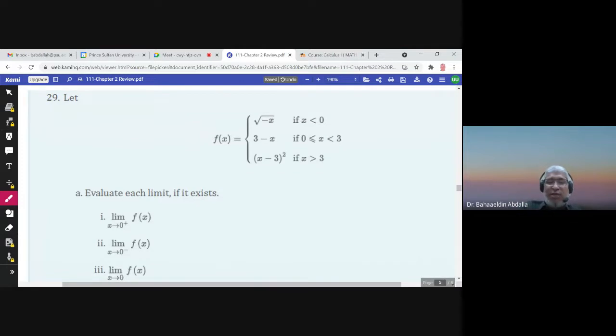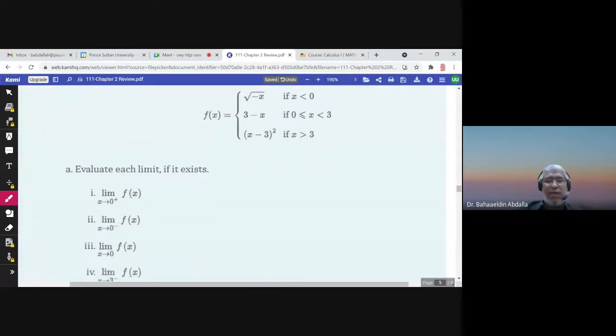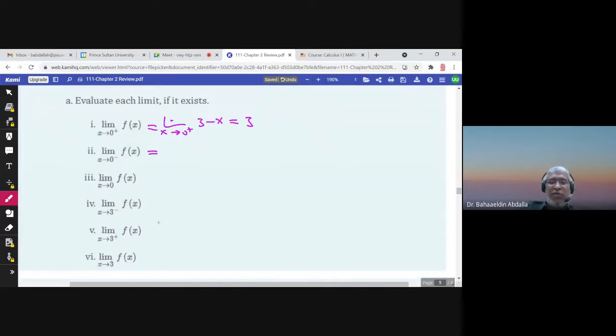Evaluate each limit if it exists. X approaches 0 from the right. If x approaches 0 from the right, which means x is greater than 0, so this would be the definition of the function. 3 minus 0 is 3. So that's the limit. When x approaches 0 from the left, what would be the definition?